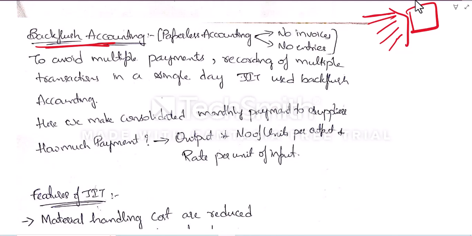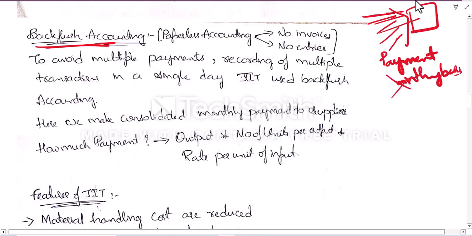A single person must be there all the time to record all the invoices, to enter them, to make the payment to them. So instead of these multiple payments and multiple transactions recorded in a single day, we have arrived at backflush accounting. What we will do here, we will pay on a monthly basis. Payment on a monthly basis.